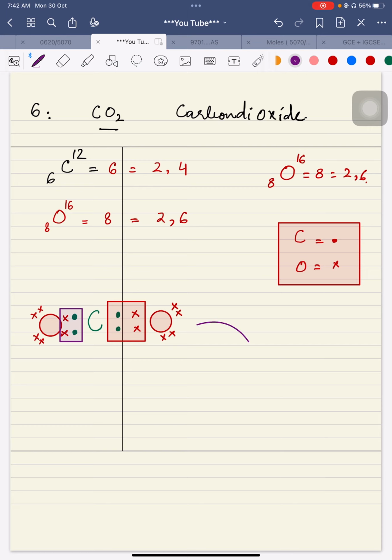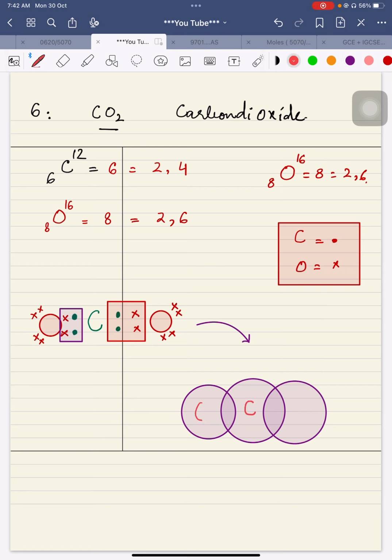Now I'm going to draw the next diagram, which is the diagram for the sharing region. All right, and these are the two oxygen atoms. Let's draw them. Okay, and now I am taking another color so that things can become more clear.